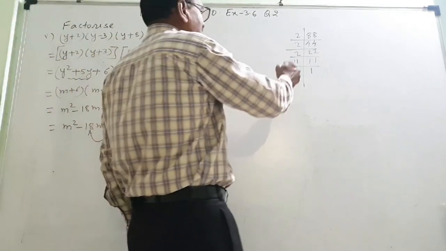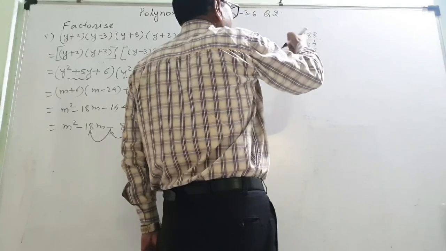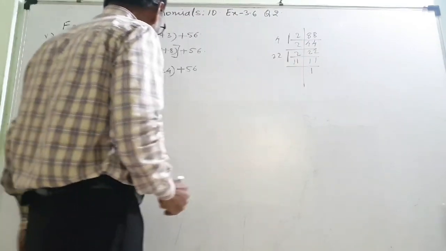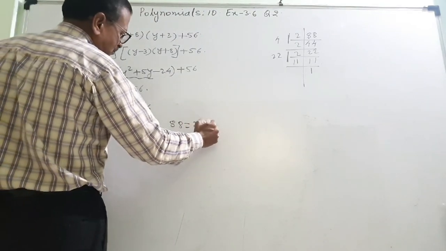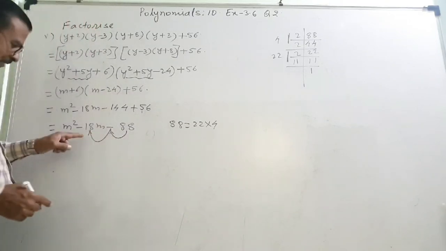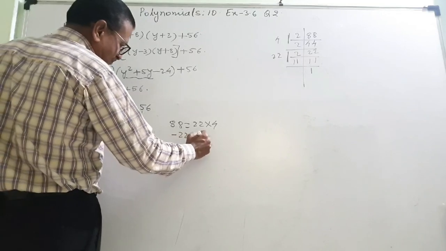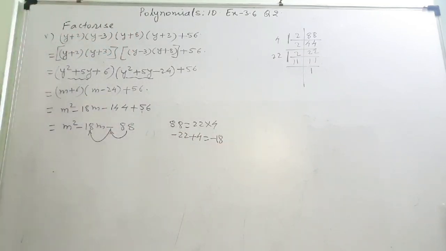So if I take these two together, and these two together, these two will be 4, these two will be 22. So 88 is equal to 22 into 4. If I want to subtract, and that subtraction should be negative, so minus 22 plus 4 is equal to minus 18. My work is over.